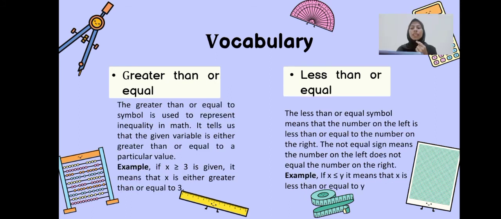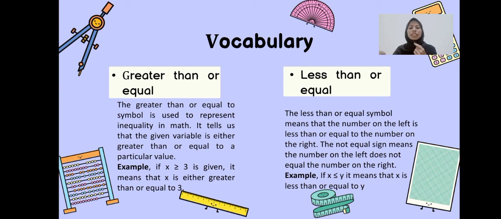Next, greater than or equal. What is greater than or equal? The greater than or equal sign is used to represent inequality in math. It tells us that the given variable is either greater than or equal to a particular value. Example, if x is greater than or equal to 3 is given, that means x is either greater than or equal to 3.